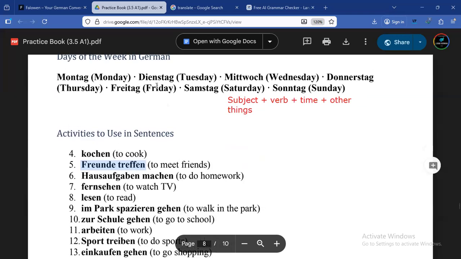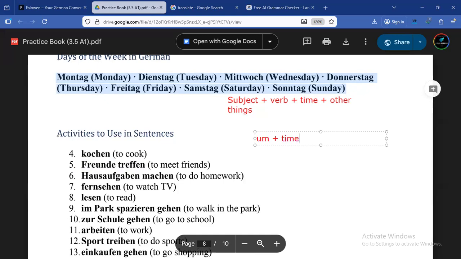And the time, I have it here for you. So let me ask you guys again. When you are talking about time, which preposition are you going to use? You are going to use um plus time.